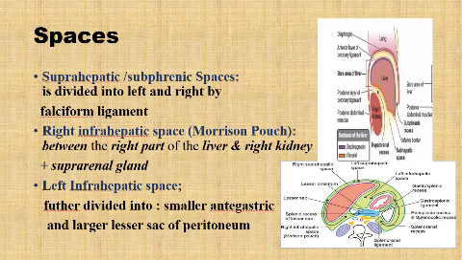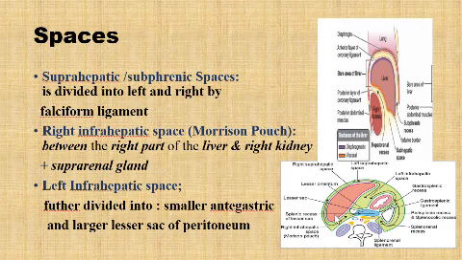The right infrahepatic space, this one, is also called the Morrison pouch. It is between the right part of the liver and the right kidney, and also the suprarenal gland. You see the right kidney here, and the suprarenal gland, it is above the kidney.